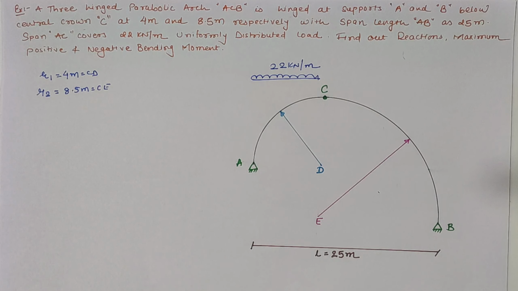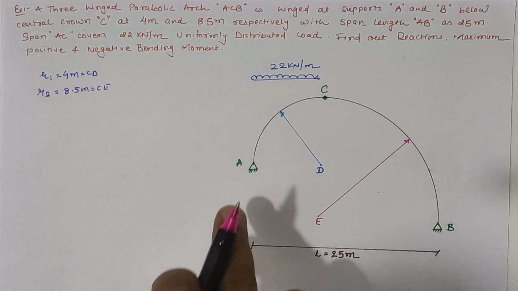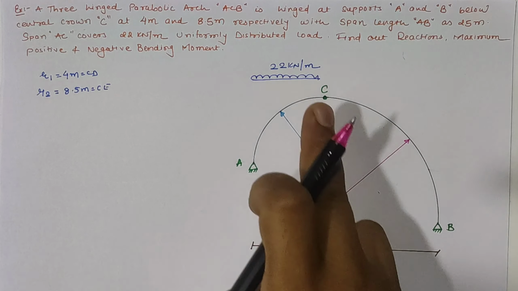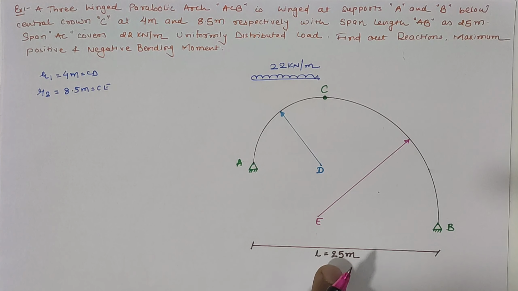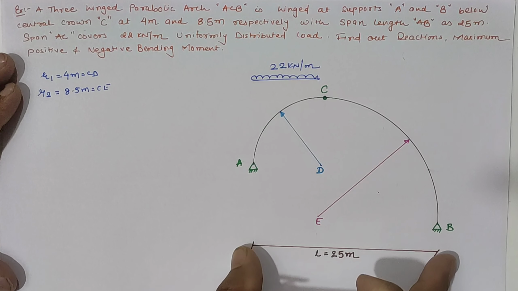So if both hinge supports are given at different heights below the crown, then first of all we have the total length as 25.